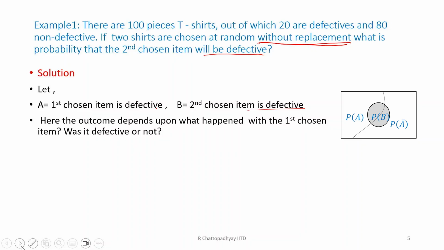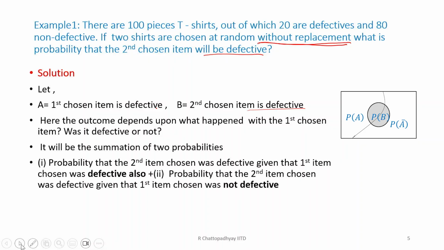So in this case, I have two types of shirt, defective and non-defective. The outcome depends upon what happened with the first chosen item. Was it defective or not? It will be the summation of the two probabilities.